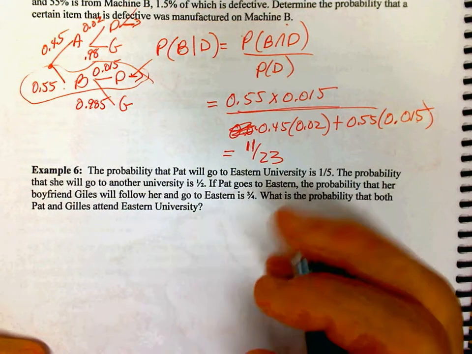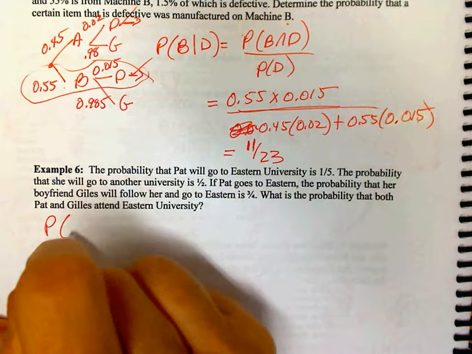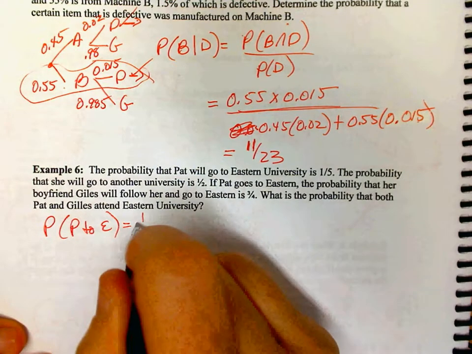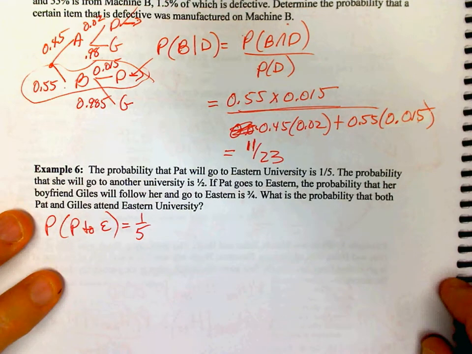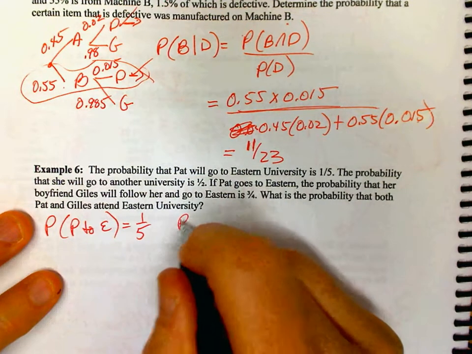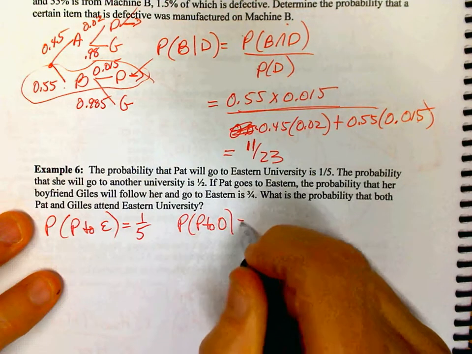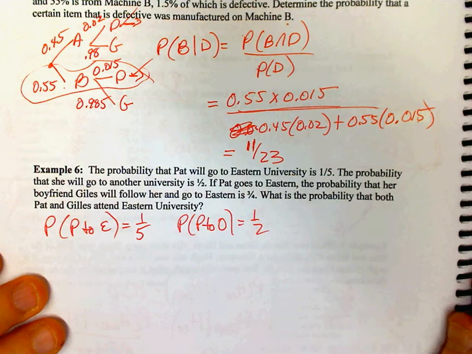The probability Pat goes to Eastern is that. The probability she goes to another university, let's just record. If Pat goes to Eastern, the probability Giles will follow, they're an item, right?